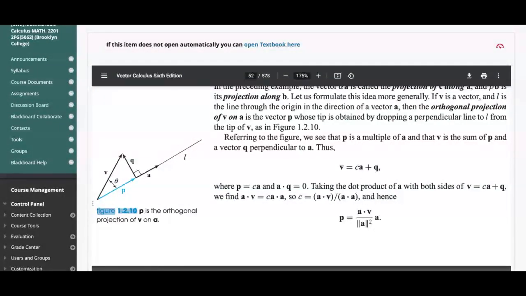When we project V onto this line L, we get P. P is the orthogonal projection, meaning 90 degree or perpendicular projection, of V on A. We think of this line as represented by vector A. So P is the projection of V on A.